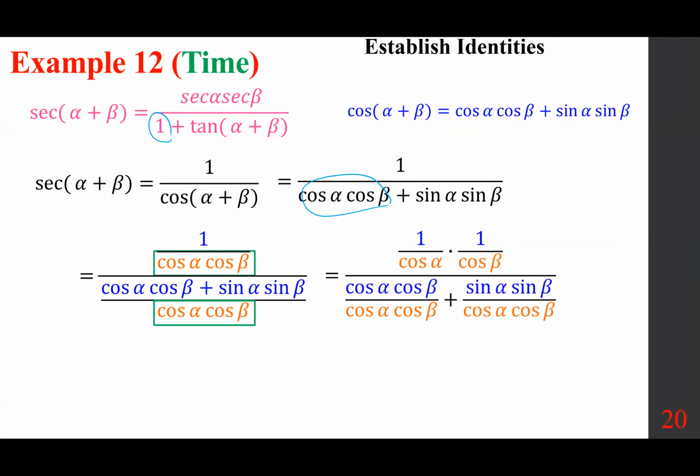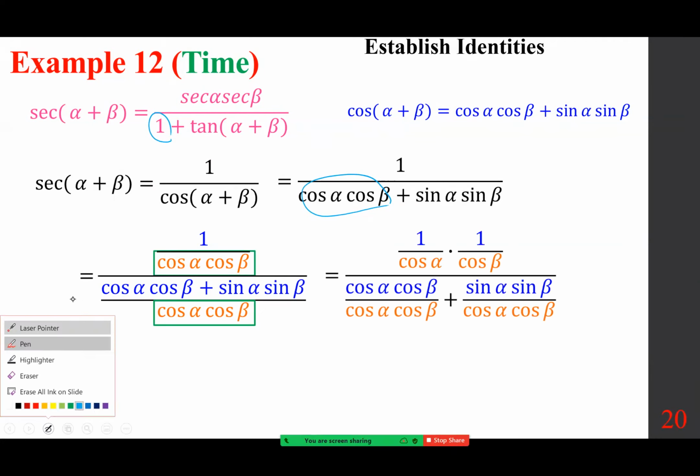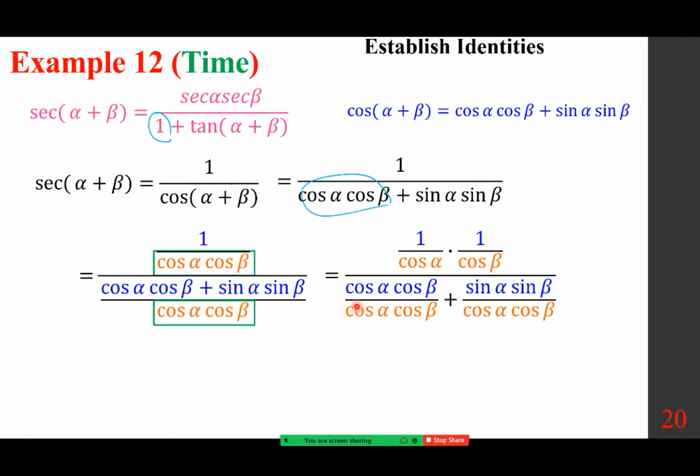When we separate them in this format, 1 over cosine alpha is secant alpha, 1 over cosine beta is secant beta. This is 1. And this is tan alpha, tan beta.